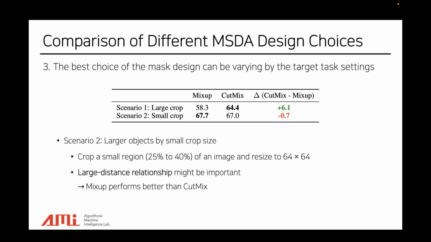Then this object will be extended, so the larger distance relationship might be more important. So as we assumed, Mixup performs better than CutMix.